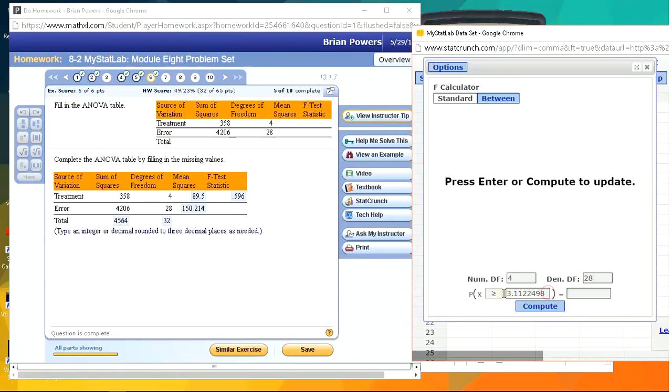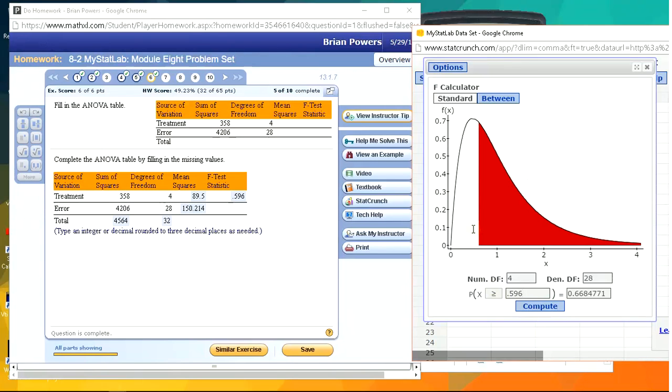Let's put this test statistic that I found, 0.596, and just see. This calculator is telling me that 0.668 is the probability to the right of that value, 0.596. So about 67% of the time, one would expect a test statistic more extreme than this.